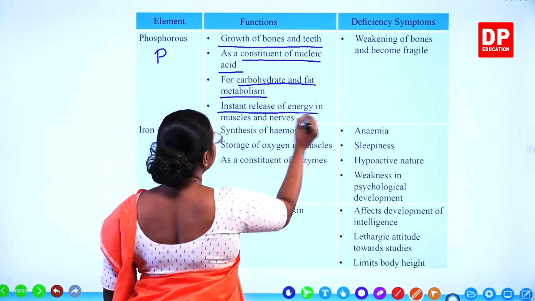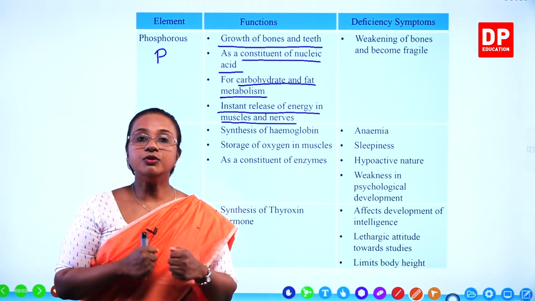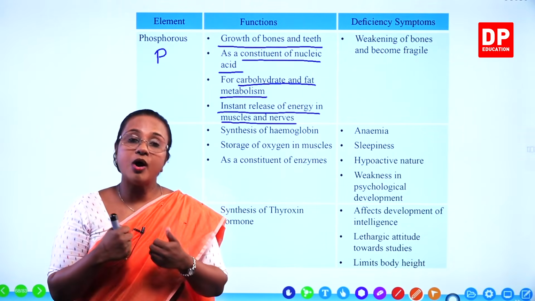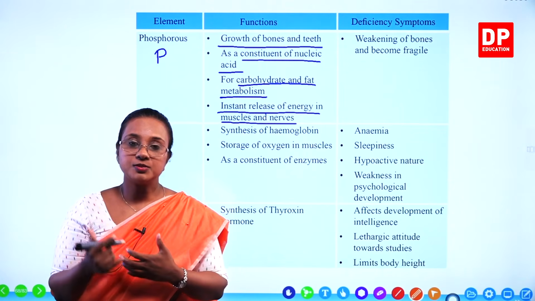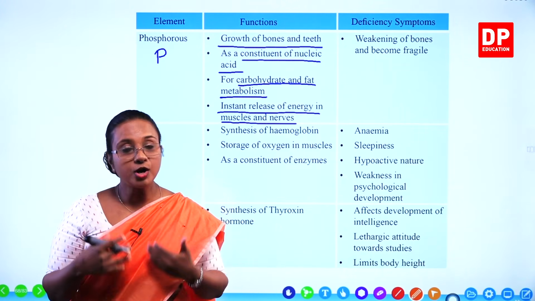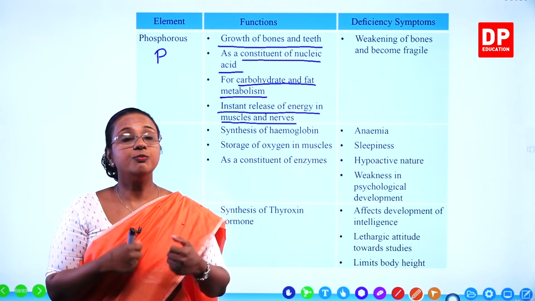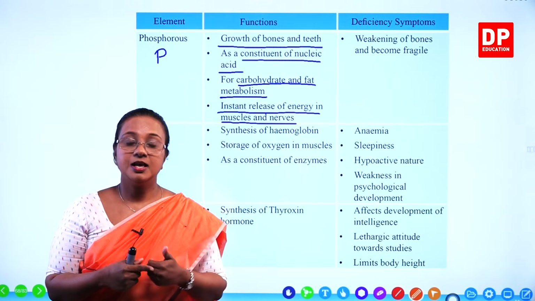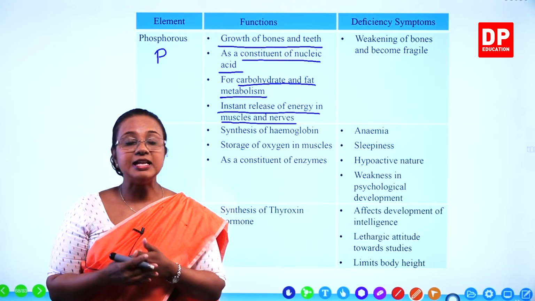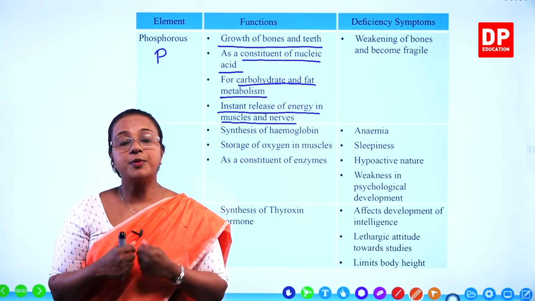The third one is instant release of energy in muscles and nerves. For you to function quickly or actively, if you are a sports person doing some sport activity, or doing your normal day-to-day activity where you need to move a lot and fast, your muscles and the nerves have to coordinate together and move properly.